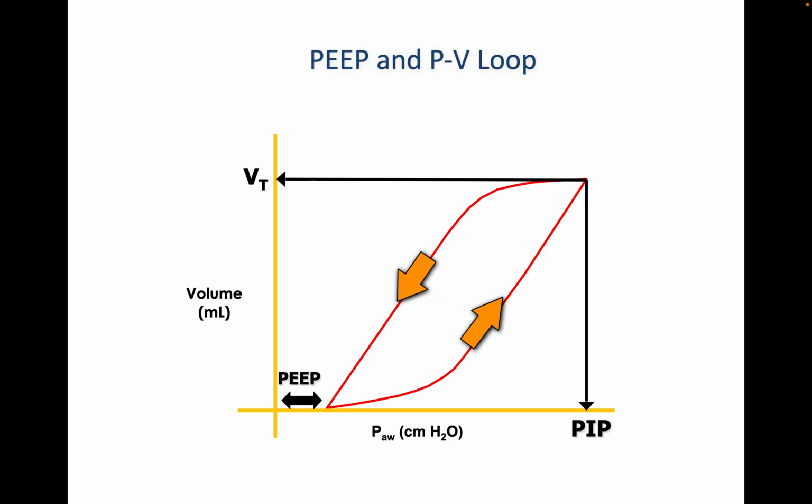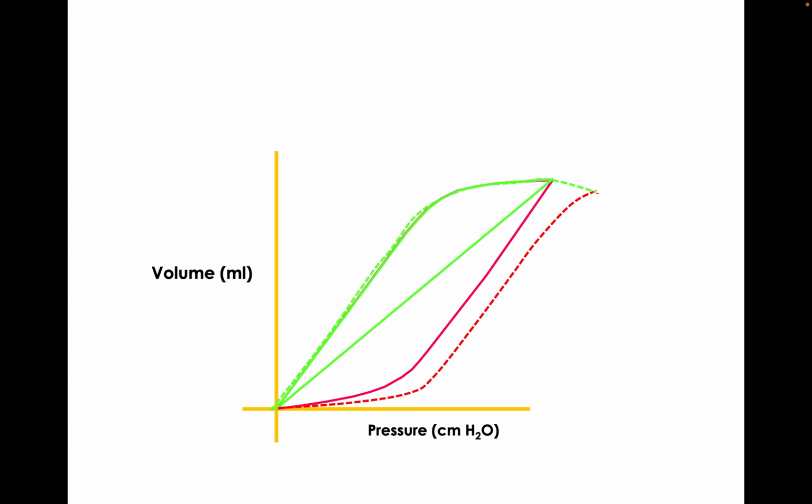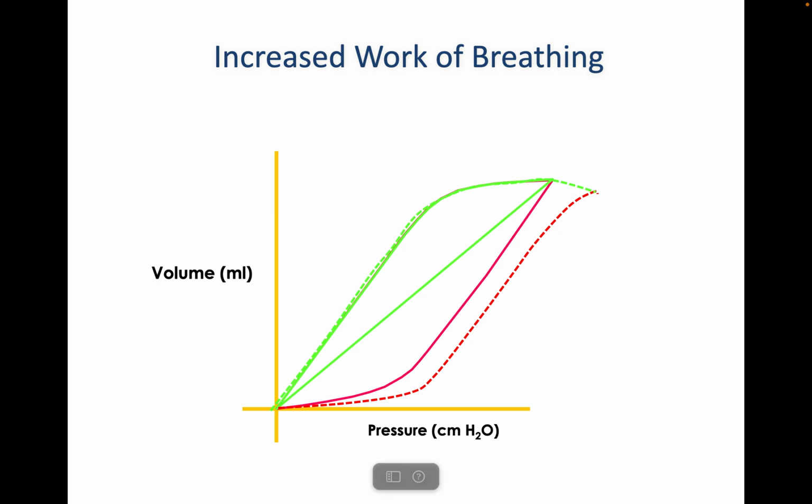Now in this particular graph, as I have already discussed, this is starting after some pressure, and that is the PEEP. In this pressure-volume loop, you can see that the standard-looking PV loop is actually inclined a little downward. There is a little increase in the pressure but with less volume generation.